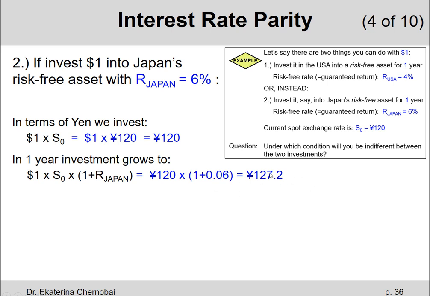So what does it mean in terms of dollars, right? So we can then compare the value of this investment to what you would get if you instead invested your money in the United States, right? So we want to go back from yen to dollars, right? In 1 year, 127.2 yen will be exchanged back into dollars.